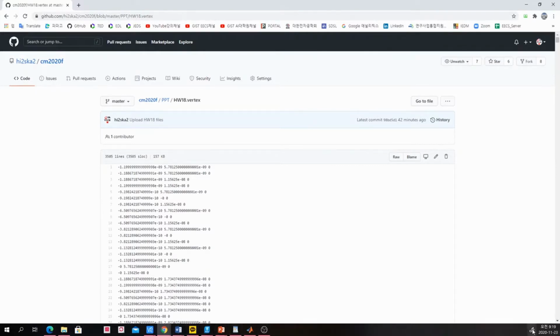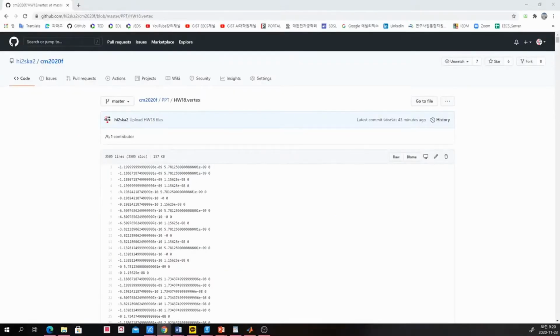So you can easily understand that the fourth point corresponds to this node. That looks great. So up to now, I have explained how to read our vertex files.